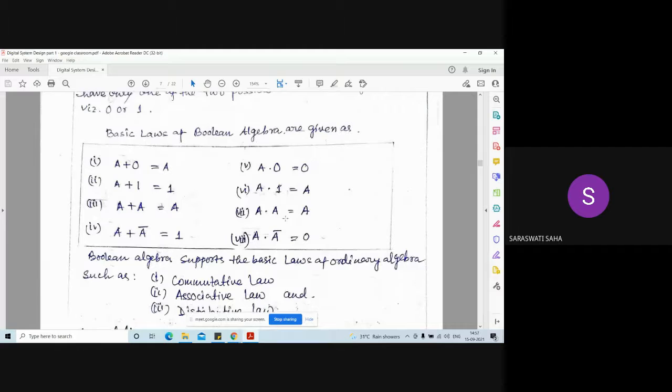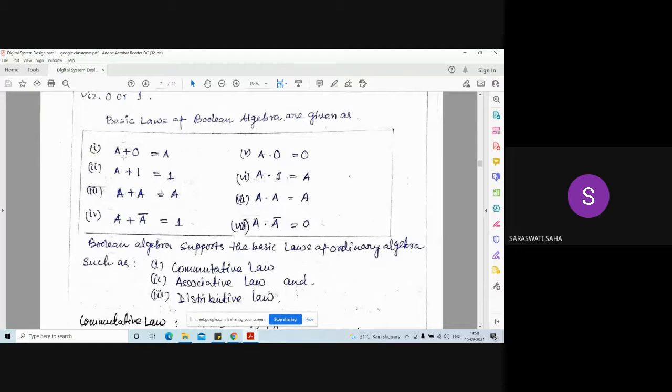Okay. So, if we OR any variable A, B, C, D, X, Y, Z, any variable with 0, what will be the result? A. Because output depends only on the A. Check, if A is 0, then 0 plus 0 give us 0.